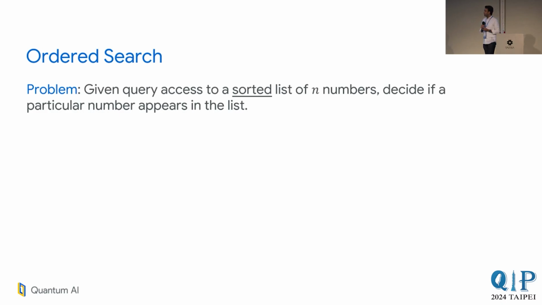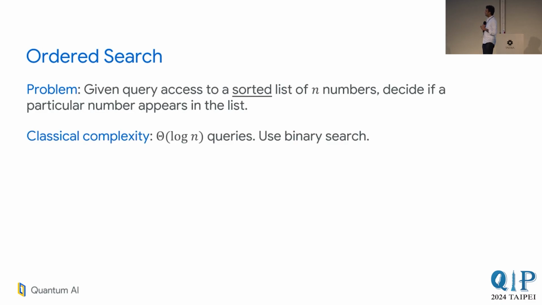Those of you who remember your classical algorithms will remember that classically you can do this with only log n queries. This is the binary search algorithm. You look at the middle of this list, and because it's sorted, your number has to appear either to the left or to the right of the middle number. Now you've cut your problem size in half, and you keep recursing on this idea. After log n such queries, you'll find out whether your number exists on the list or not.